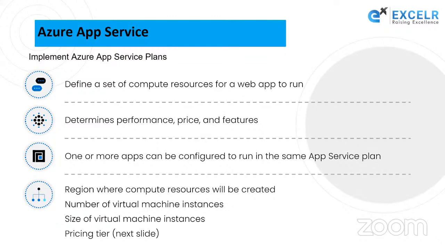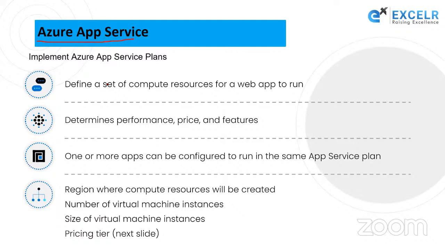What is app service? Whatever we have seen till now falls under IaaS, or infrastructure as a service. But in Azure, we also have a service called app service. App service is a PaaS service wherein you can define a set of compute resources needed for your web application to run on top of it.